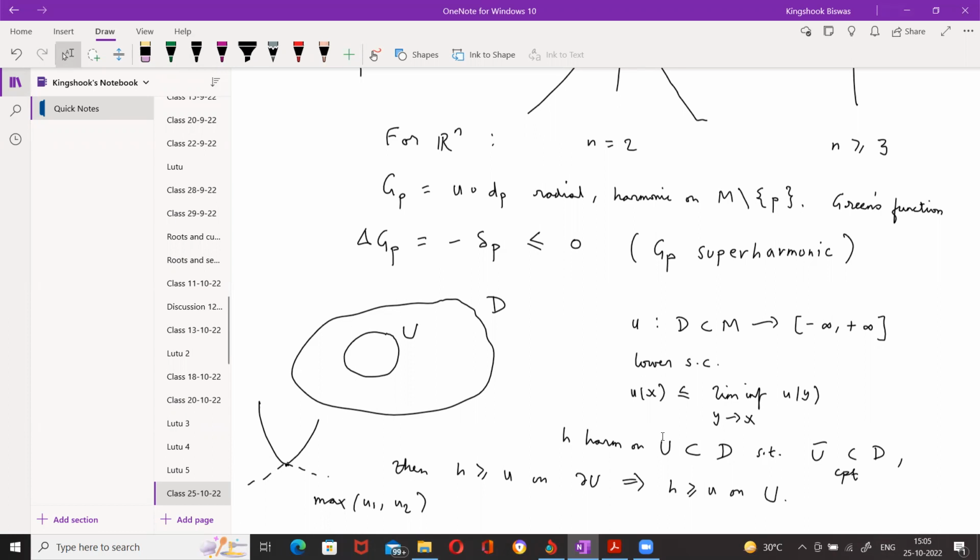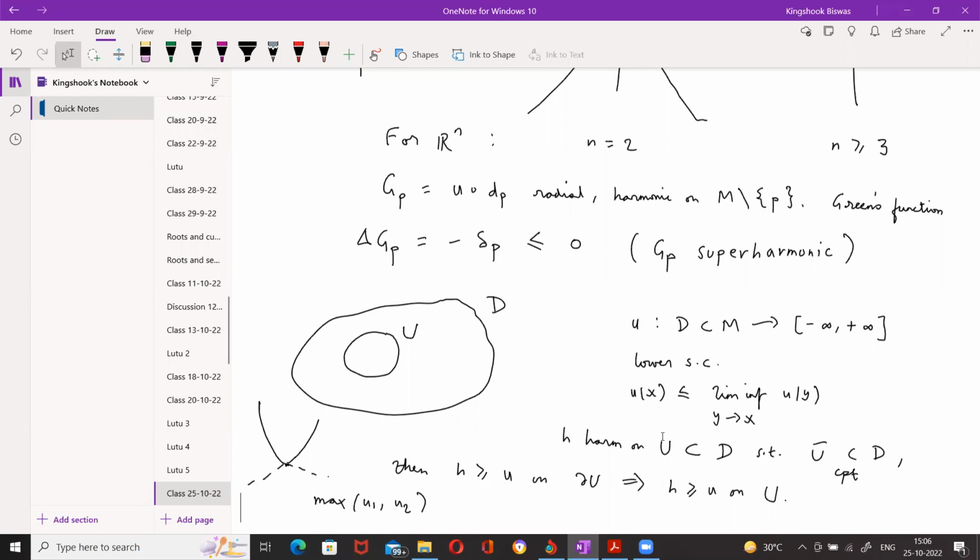So the Laplacian will be a measure for superharmonic and subharmonic functions. For a general continuous or semi-continuous function, the Laplacian doesn't have to be a signed measure. It could be something worse, a distribution which is worse than a measure. But for subharmonic and superharmonic functions, you have some regularity of the distributional Laplacian.